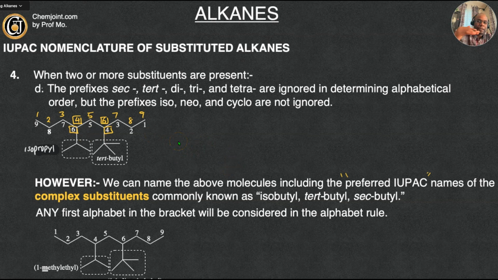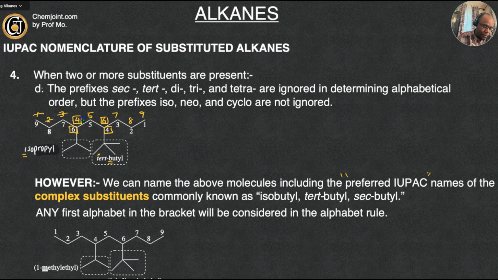So we go to the second rule, which is the alphabet rule. In the alphabet rule, I'll consider the i because iso is not italicized, but I will not consider the t. The t is in italics, so I'll consider the b. So b wins over i. I need to give the tert-butyl group the lowest number position, and it's going to be with the white numbering.